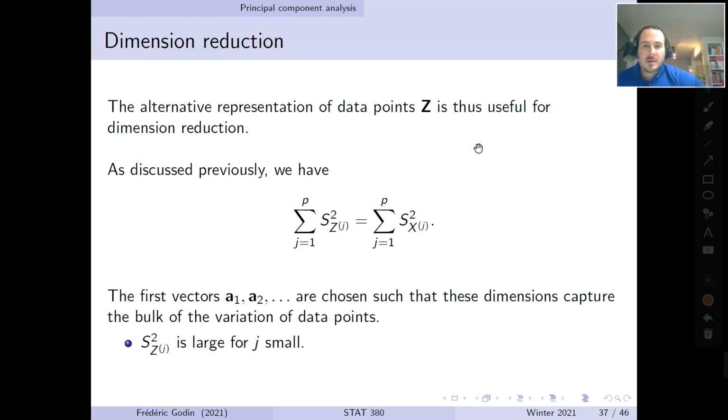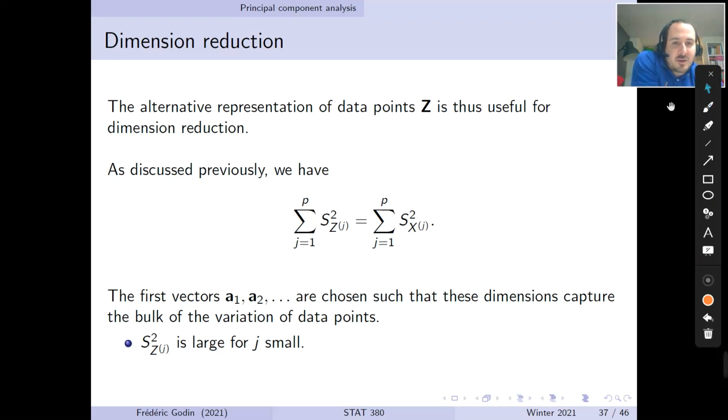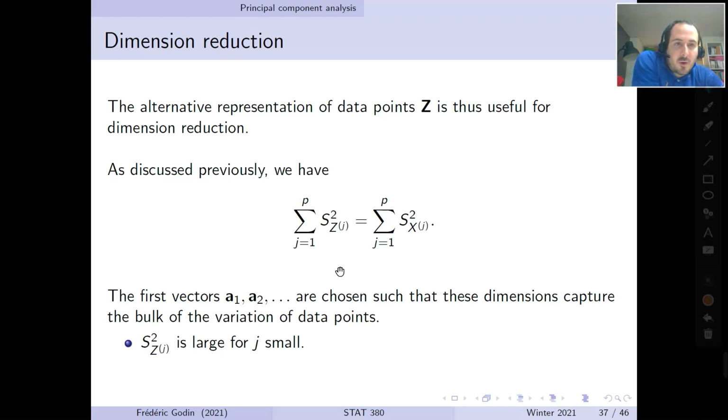The alternative representation of data points as Zs instead of Xs is very useful for dimension reduction. As we said, the total sum of variance of data points across all predictors is equal to the original sum of variances of each of the original predictors.